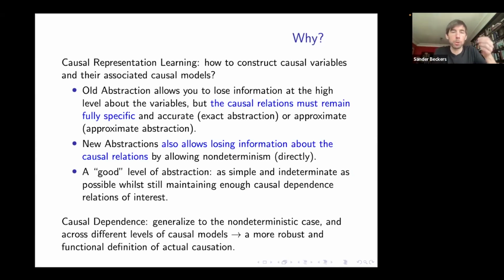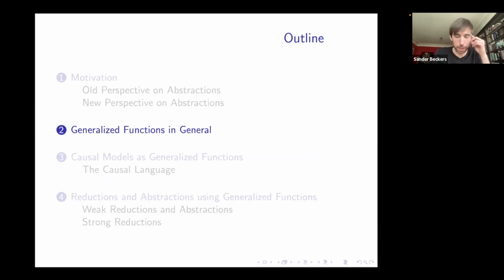It might be very useful to say, let's go even further, abstract even further, if we can get a much simpler model. And in fact, maybe non-determinism reflects our state of ignorance regarding the world, and maybe we want to capture that. In any case, this is very brief. You can also pause the slide, or if you're watching the recording, you can press pause and read the actual slide. I'm going to have to dive into the technical stuff now, because otherwise I'll never get anywhere close to being finished.